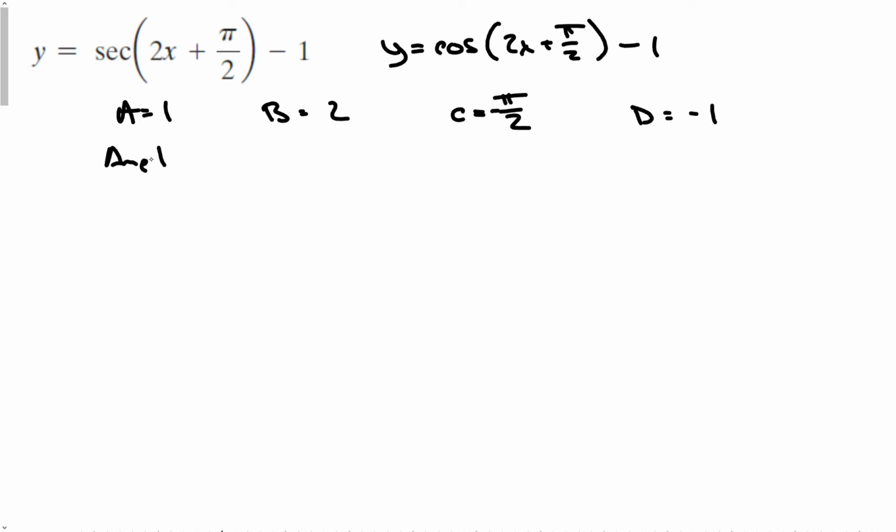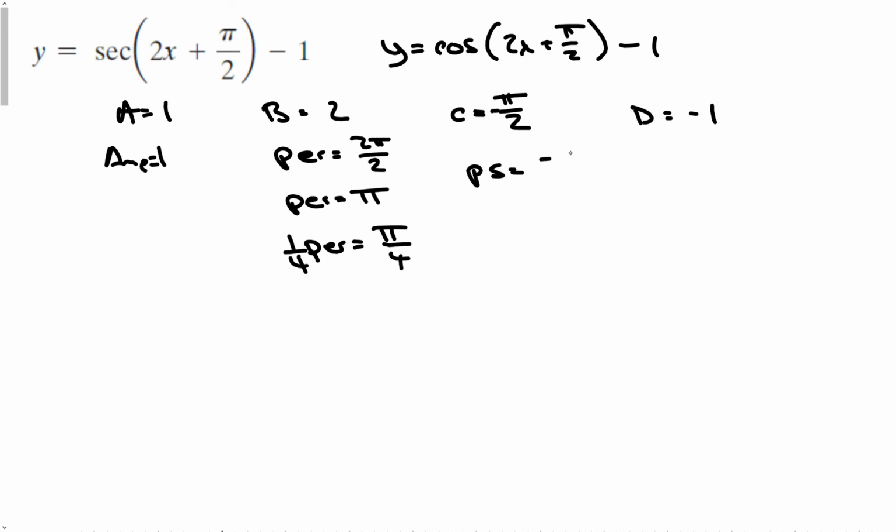Amplitude is just 1. The period is 2 pi over B, so that is pi. Quarter period is pi over 4. Phase shift is negative pi over 2 over 2.